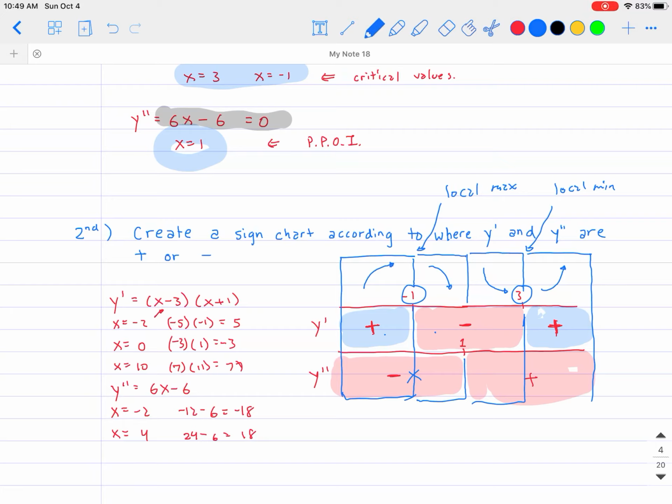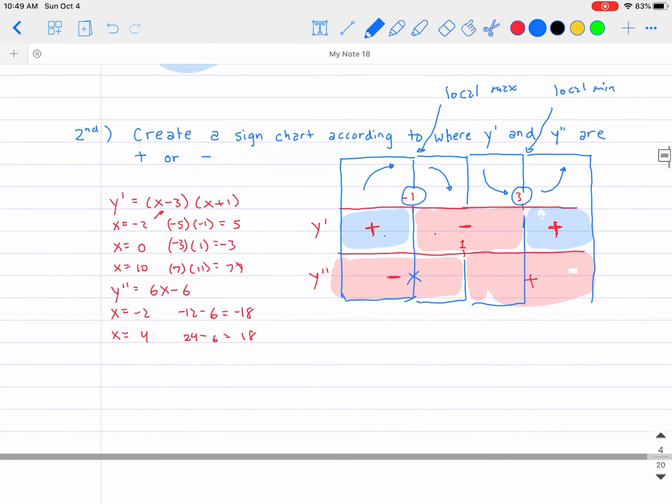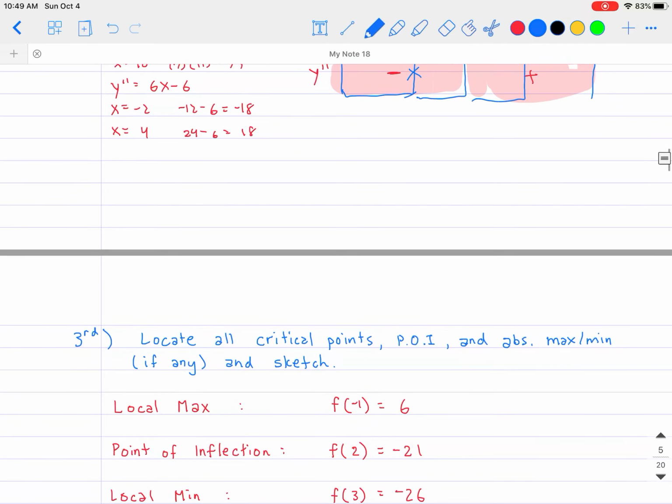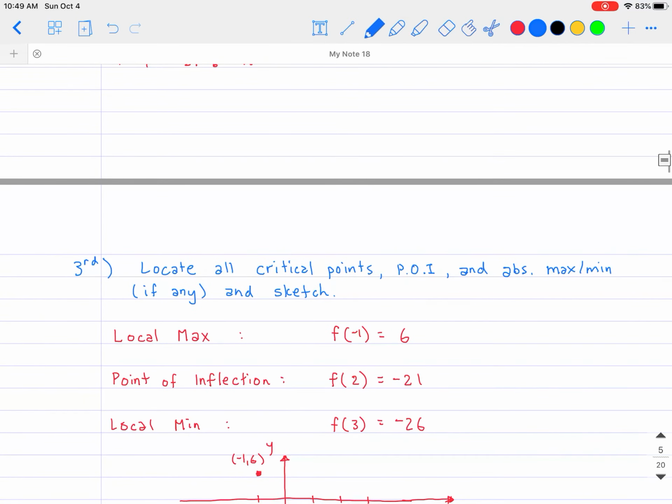And also, according to the first derivative test, you're going from positive to negative, whereas for 3, you are going from negative to positive. So according to the first derivative test, you are going to have a local minimum. And according to the second derivative test, you have everything that is positive for the second derivative, so therefore, it's concave up. So therefore, it's a local minimum too.